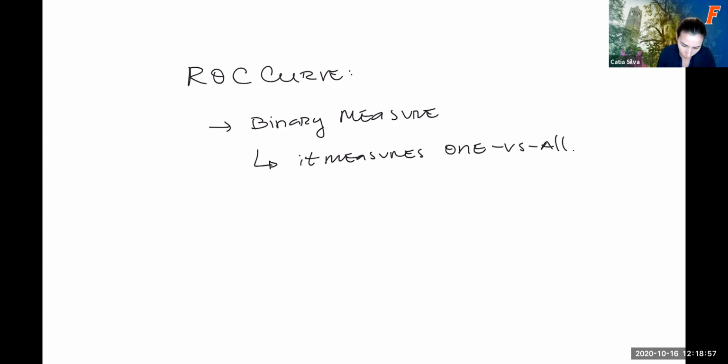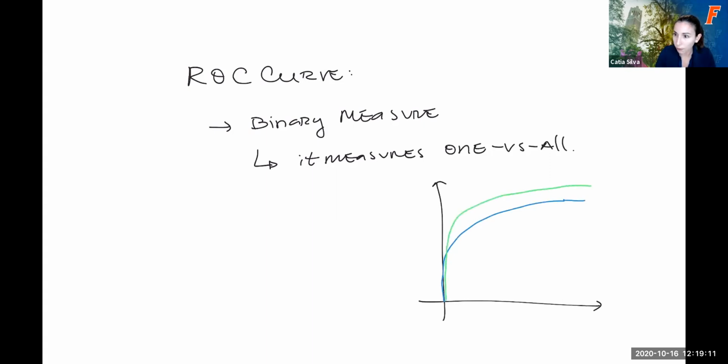Okay, and so for that particular problem, you would have the curve for vegetation versus everything else, and the curve for the other class would be the man-made materials versus everything else, and then you have another curve for the sand versus everything else, right?